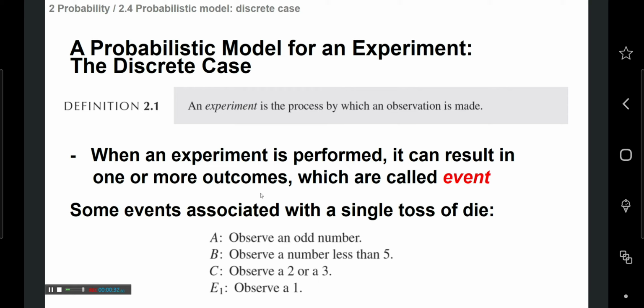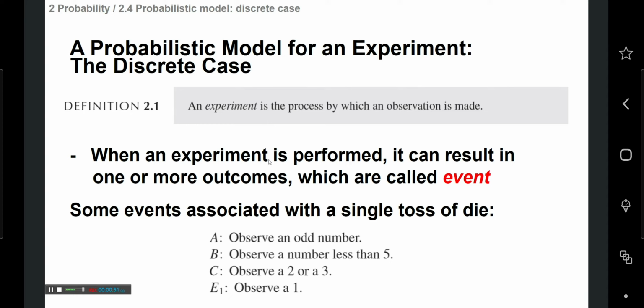An experiment is the process by which an observation is made. So an experiment is the process. For example, tossing a die could be an experiment.